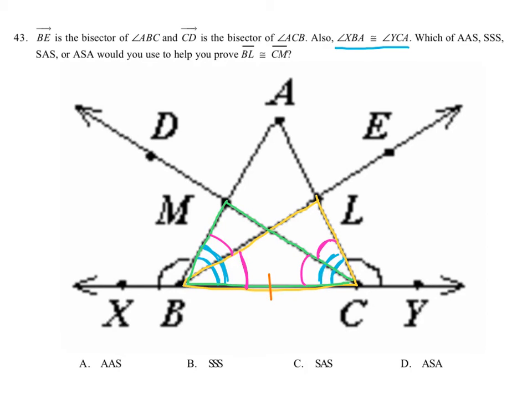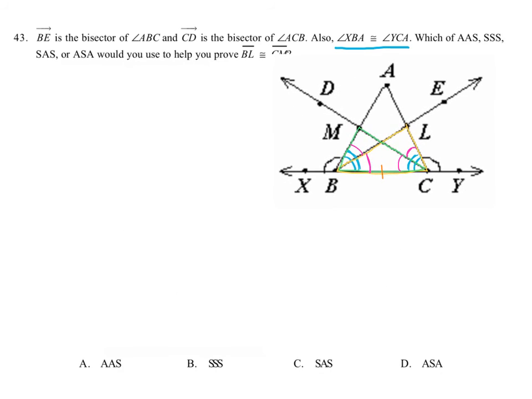How does that matter? Well, you can see that this yellow triangle right here has a pink angle here, this side right here with this single orange segment mark, and then an angle here with the two blue marks. So it's got a single pink angle, then a side with the single segment mark in orange, and then the angle in blue. So essentially, I'm going to shrink this down a little bit and redraw these triangles over here.